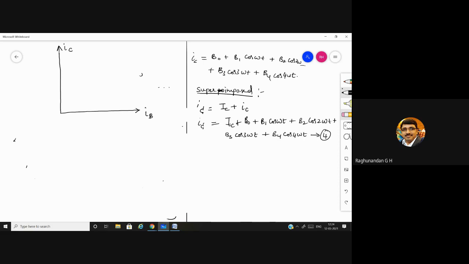This is the change which we are doing. For higher order harmonics, we'll have a curve which is not linear, it will be like this.